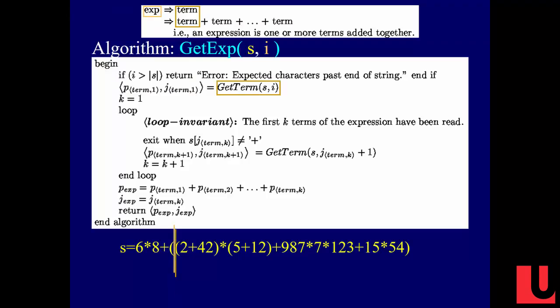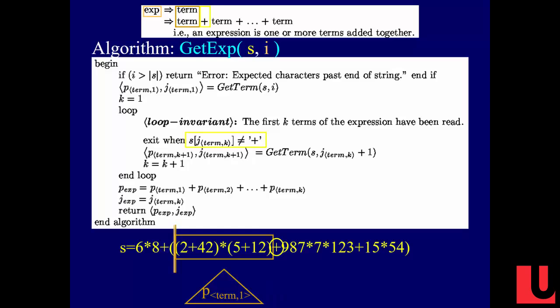And what does he return? And where do we start? We want the term starting at the same place we're starting, and he's going to return a parsing of a term, and that's the term that he returns. And then we say, okay, what's next? Well, either we're done or there's a plus. So we look to see right past that term, right?